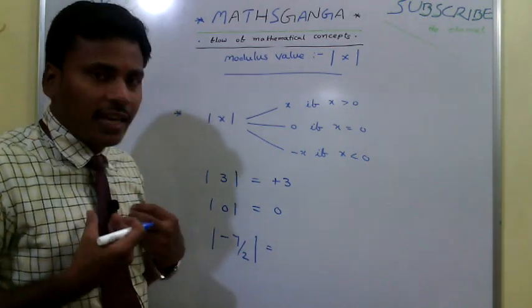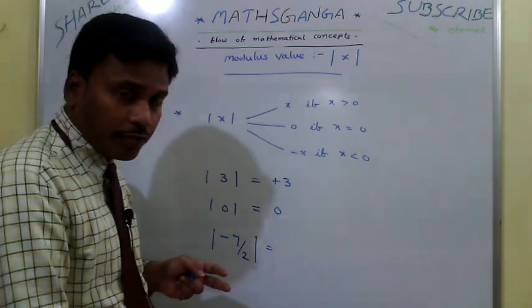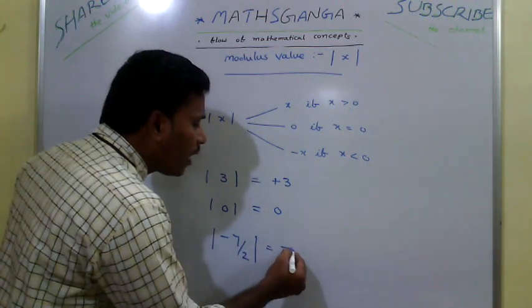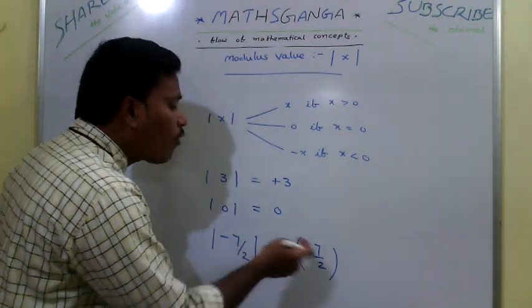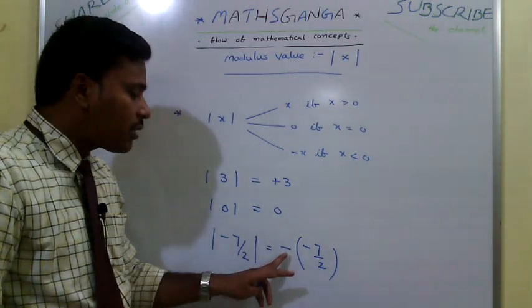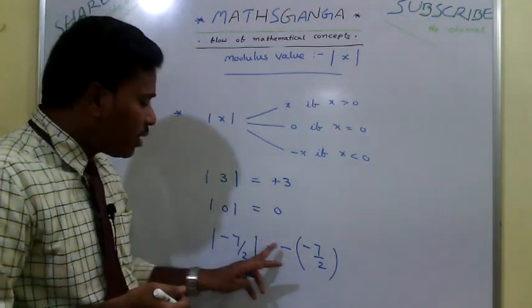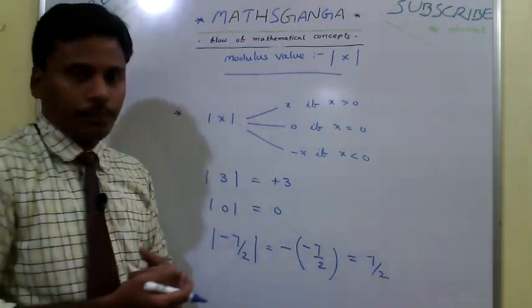Since my input is negative, the modulus multiplies my input with the negative sign. So the result is minus of minus 7 by 2. This minus is the multiplication done by the modulus function. Minus of minus 7 by 2 is equal to 7 by 2.